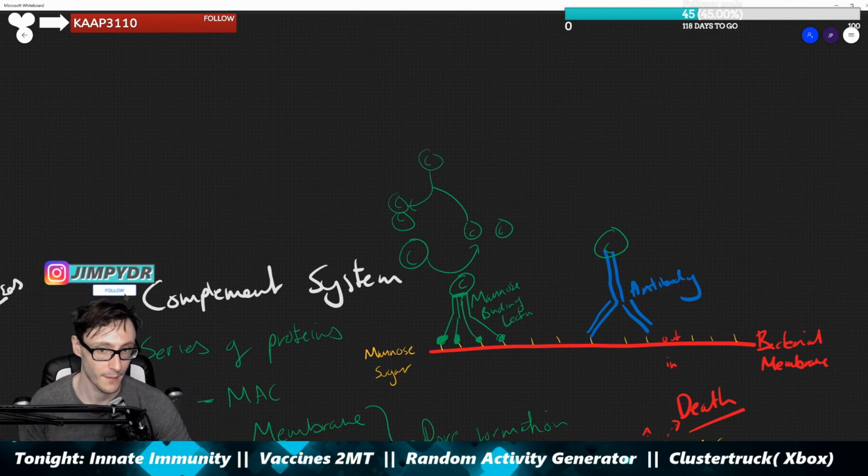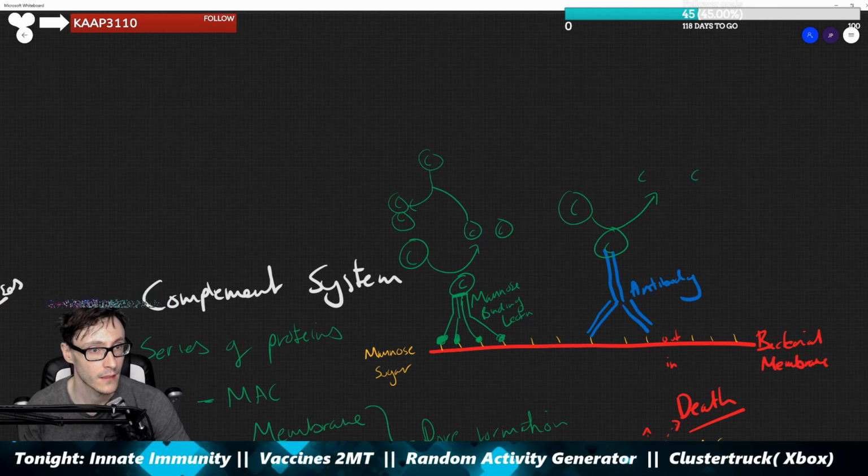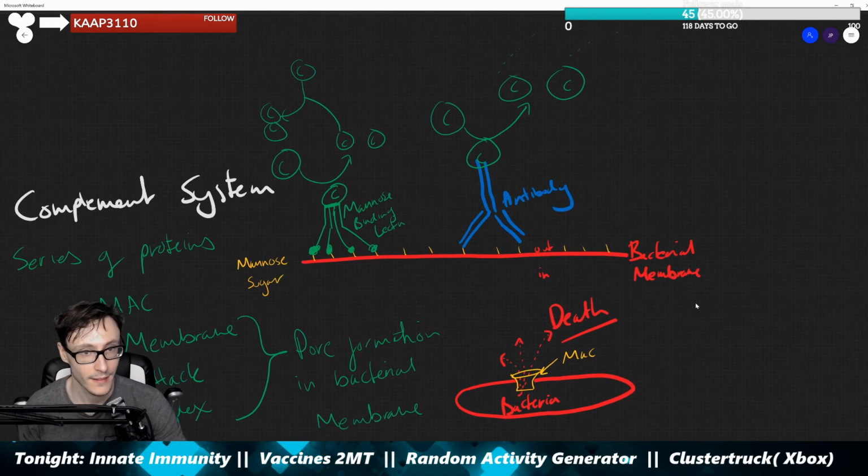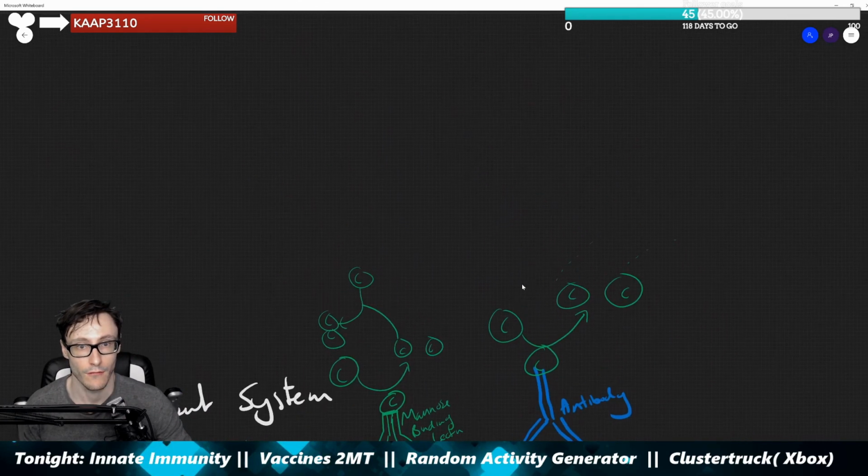This is exactly the same thing. You get conversion of one protein into another one, or splitting in half, and then so on and so forth, until eventually you get the formation of the MAC.